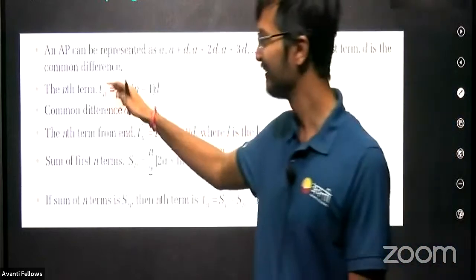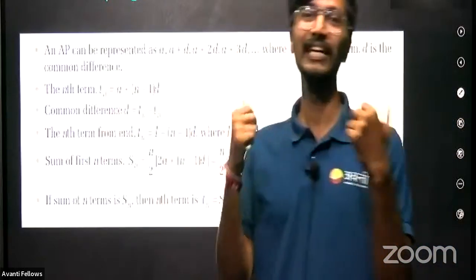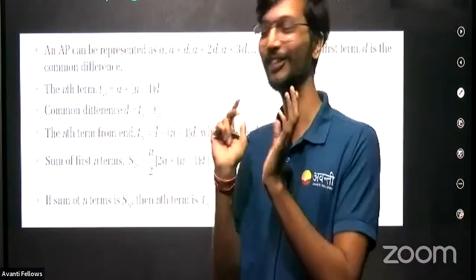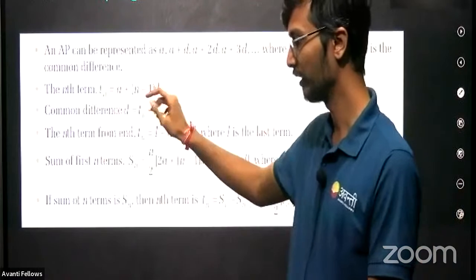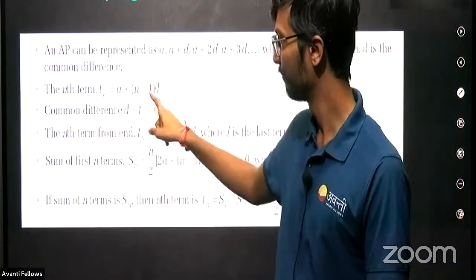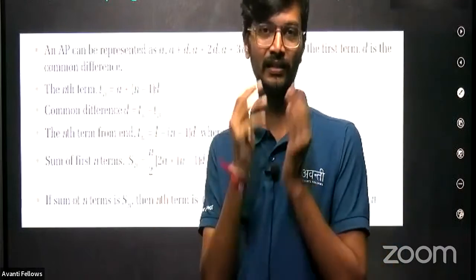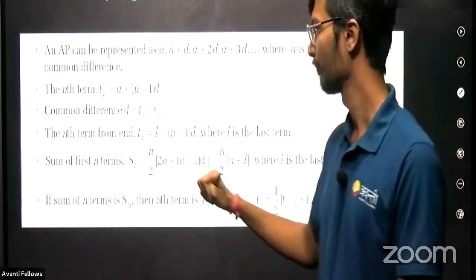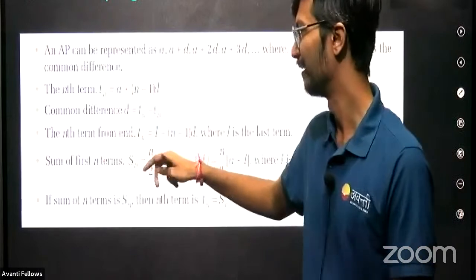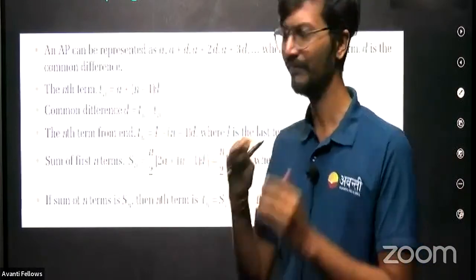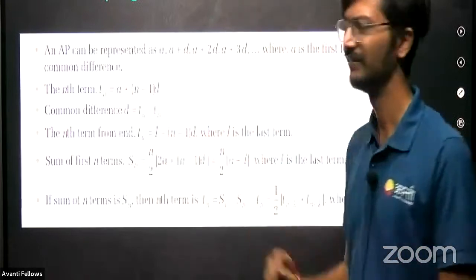These are some important formulas that we must know to solve the questions, along with the meaning of the notations. As you can see, the nth term is A plus n minus 1 into D. The common difference is a term minus the previous term. Then the nth term from the end. Many times we don't actually need to remember this, but still we have the formula. We'll see in the numericals.